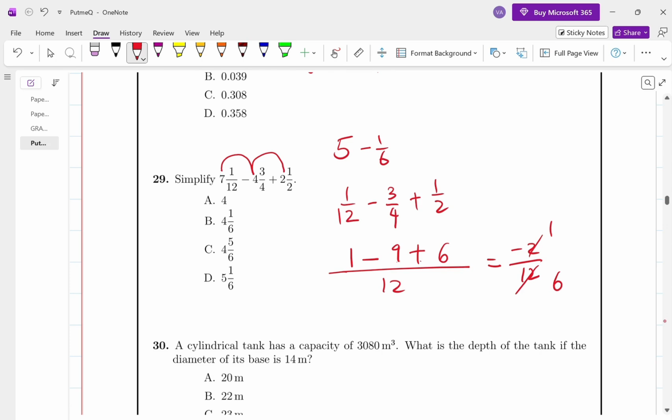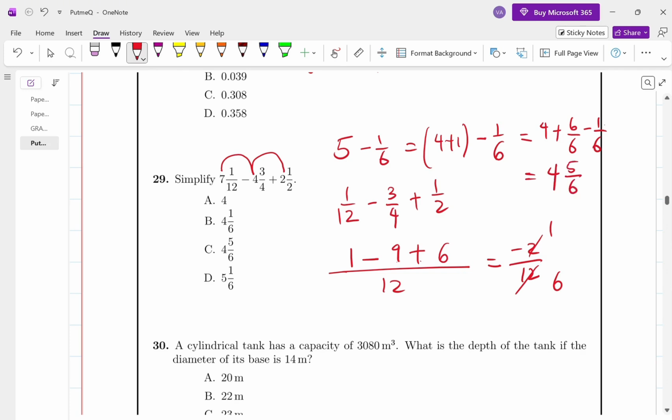Okay, this is not supposed to be hard though. So here's what I will do. 5 is actually 4 plus 1, right? Yep. Then 4 plus 1 is actually 6 over 6 minus 1 over 6. So this will be 4. 6 minus 1 is 5.